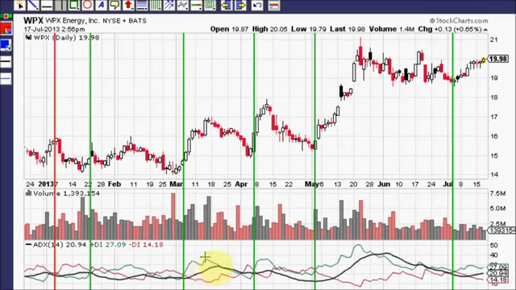Same thing here. No actual crossover because it had been such a strong trend that they weren't even close enough to cross. So when you see a peak in the DI plus where it starts down and a valley on the DI minus where it starts up, that could be considered a pretty good sell signal.